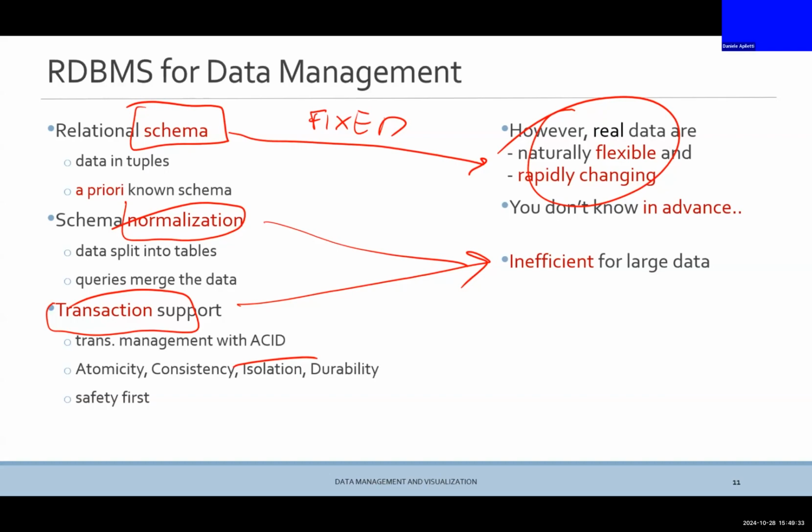Also transactions. Transactions require all the participants, all the nodes of your cluster, to agree on sending money to someone. All the people must say, yes, let's send the money to that bank account. So distributed transactions are very heavy.